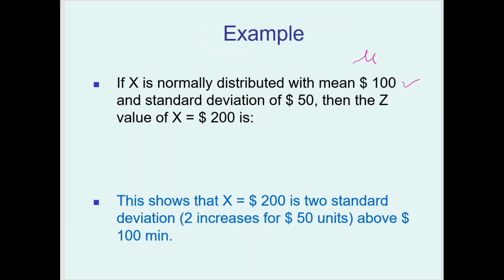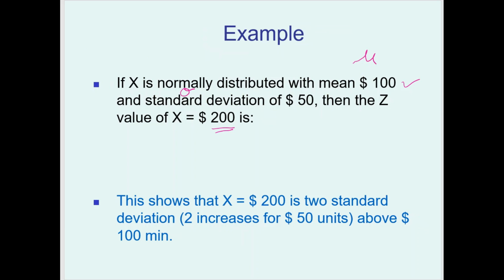Then the Z value of X equals 200 is, so how do you calculate this? Again, the formula is Z equals X minus mu divided by standard deviation, equals 200 minus mu. What is the mu? 100, divided by your standard deviation, which is 50.